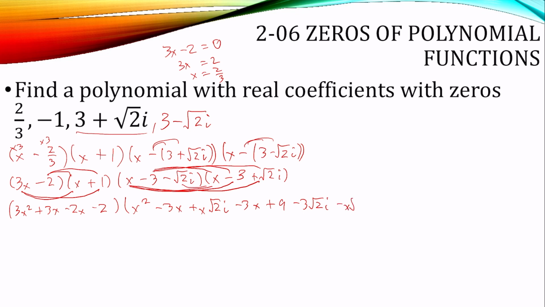Negative x times the square root of 2i, plus 3 square root of 2i, and minus square root of 2 times square root of 2 is 2. Then we have i squared, which is negative 1. So that becomes plus 2.